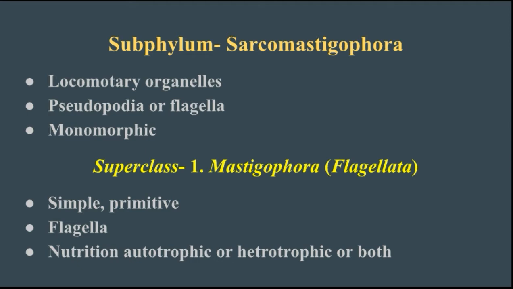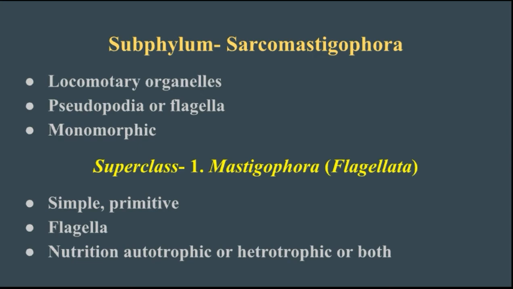One more general characteristic is that the nutrition is autotrophic or heterotrophic or both. We know autotrophs are those animals that prepare their own food material, because they contain various kinds of chlorophyll pigments, some chromatophores. That is called autotrophic nature.